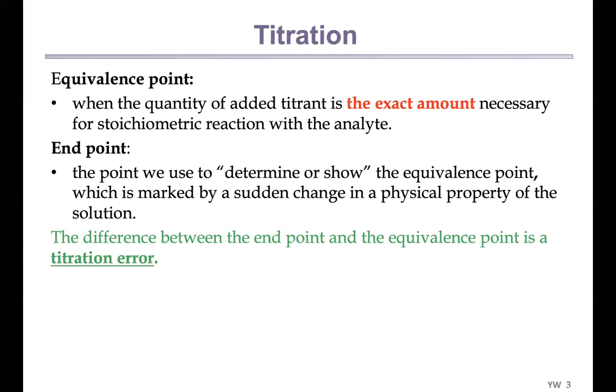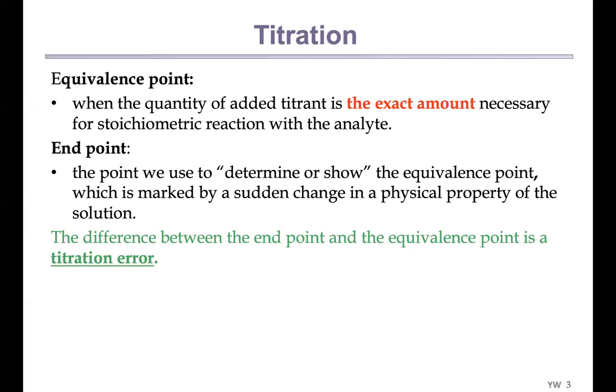Mm-hmm. Any other opinions? Okay, so I want to clarify my question. The question can be asked in two different situations. Number one is when you're doing the experiment, you need to visually decide when the endpoint is, right?